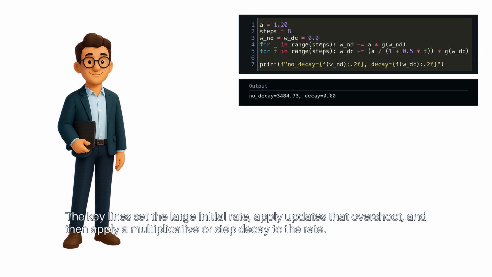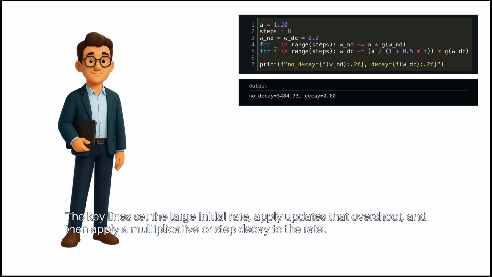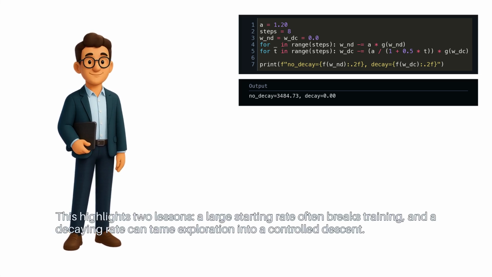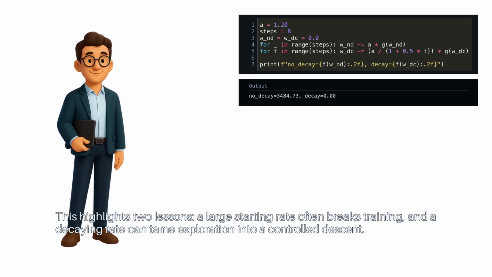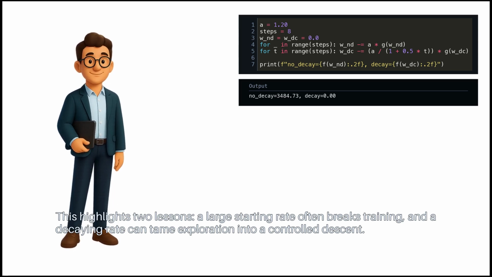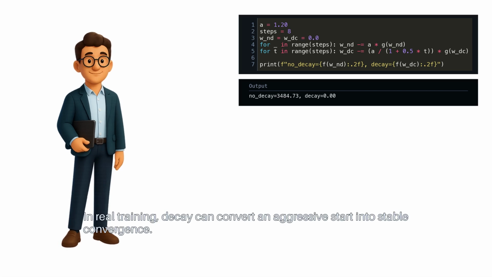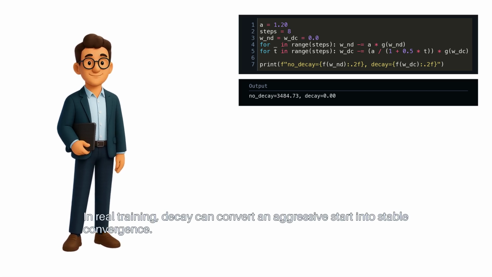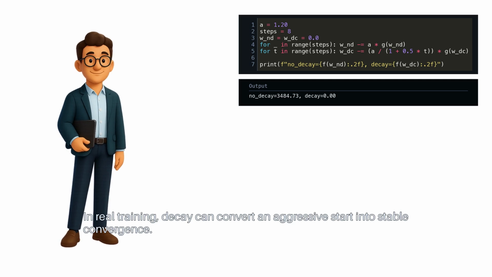The key lines set the large initial rate, apply updates that overshoot, and then apply a multiplicative or step decay to the rate. This highlights two lessons. A large starting rate often breaks training, and a decaying rate can tame exploration into a controlled descent. In real training, decay can convert an aggressive start into stable convergence.